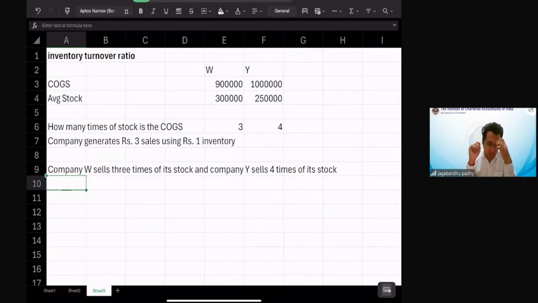Now, if I ask you that since the inventory turnover is 3 or 4 times, so in 1 year, we are able to generate 3 times or 4 times of the stock as sales.